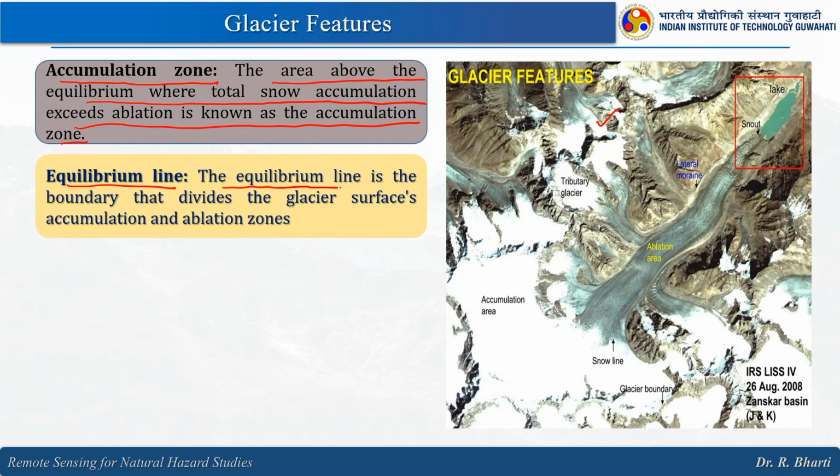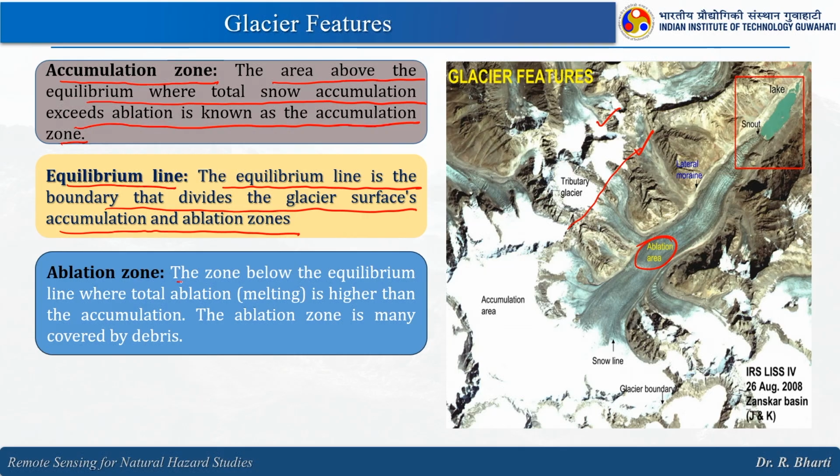The equilibrium line is the boundary that divides the glacier surface into accumulation and ablation zones. If you see, this is the ablation area and there will be some accumulation area. The line that divides these two zones we call the equilibrium line. The ablation zone is the zone below the equilibrium line where total ablation is higher than the accumulation. The ablation zone is mainly covered by debris.